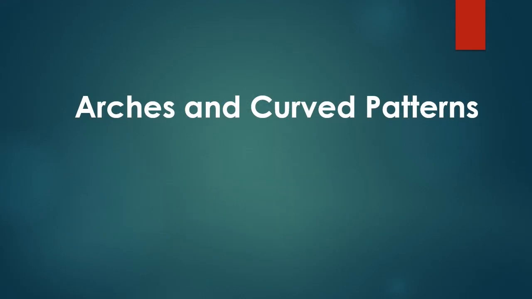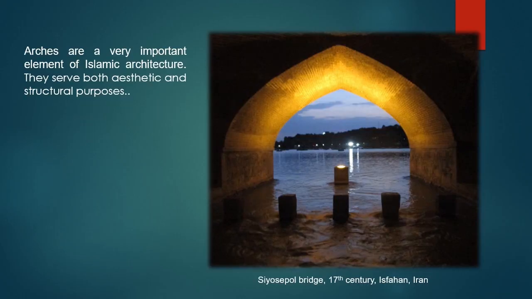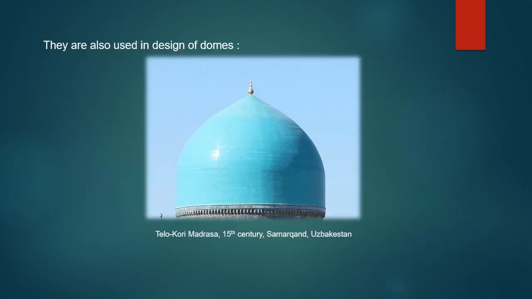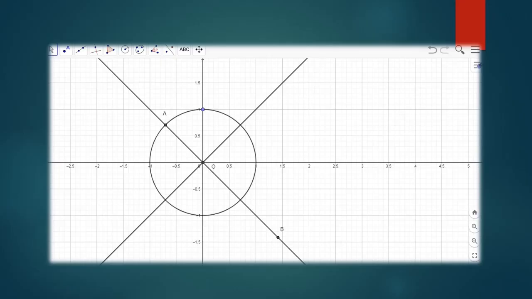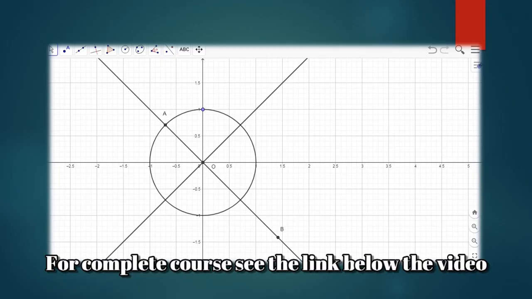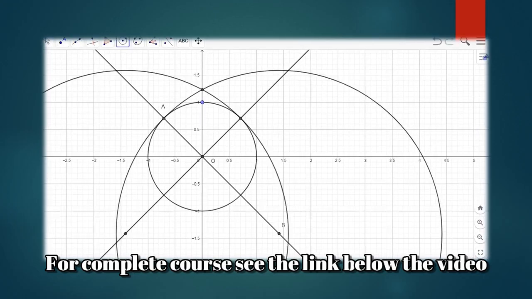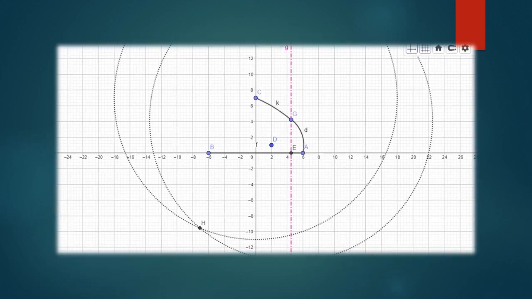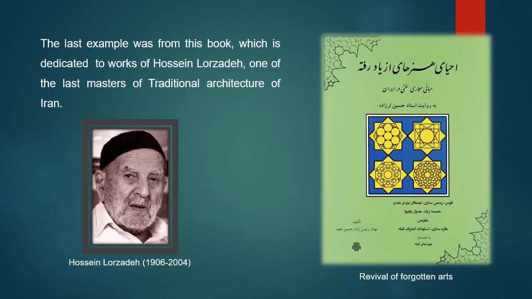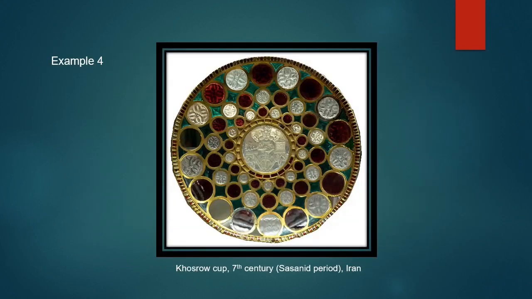Section 6 is devoted to drawing arches, domes, and some other curvilinear patterns. Arches and domes are very important elements of Islamic architecture. At first, we present some drawing methods from a book by Jamshid Kashani, a 14th century Iranian mathematician, and then some drawing methods from books by some recent traditional masters.